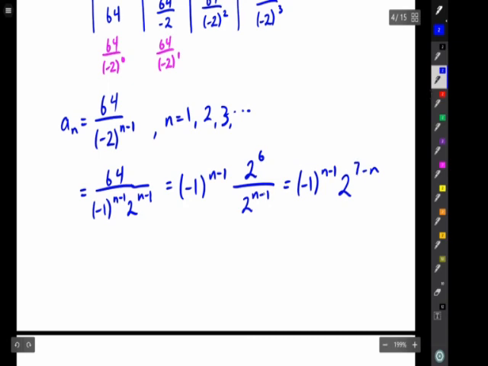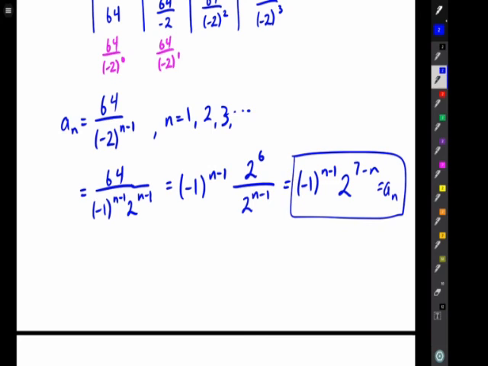Because it's 6 minus this term. So this would be another perfectly acceptable explicit formula right here. I just want to point out that being able to factor out that negative sign like that is actually quite useful.